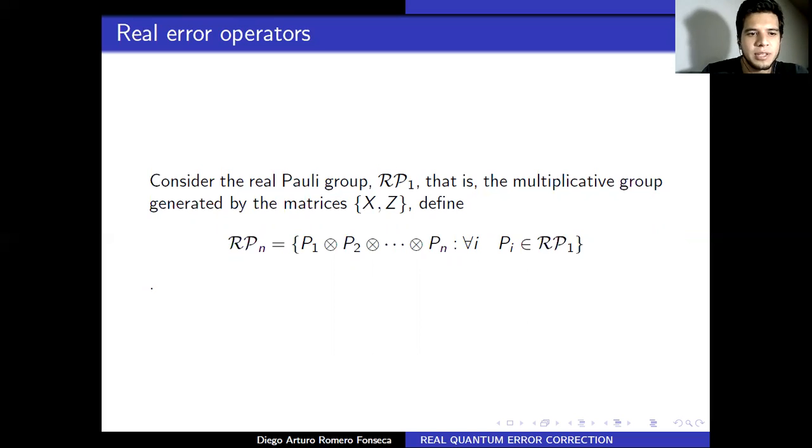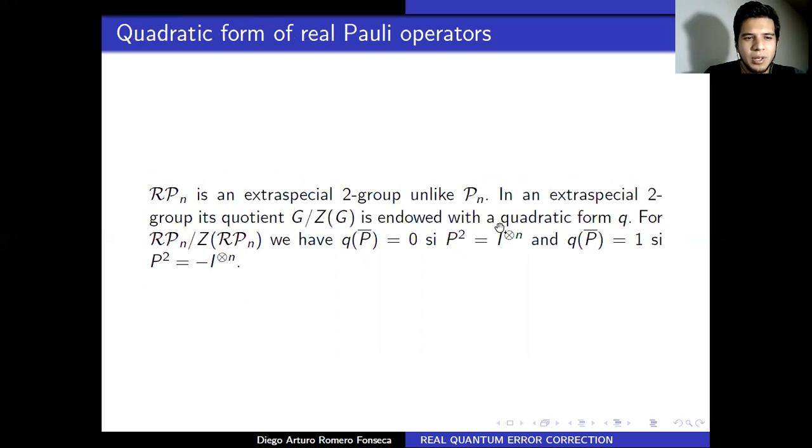And we define the n-real Pauli group, where an element of this group is an n-tensor in which each position holds a real Pauli matrix. An important structural difference between the Pauli group and the real Pauli group is that the real Pauli group is an extra special 2-group.